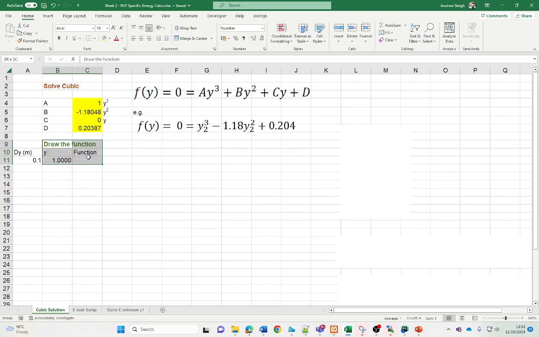Now I'm going to draw an ad hoc table here. I'm going to start with a column for y, column for the function. That's my y. So, typing the function in this cell C11.